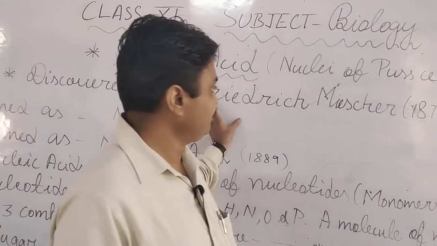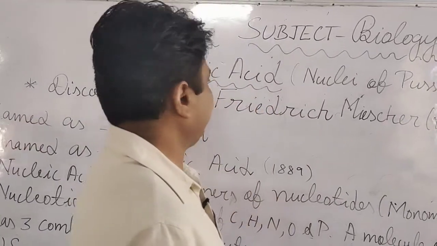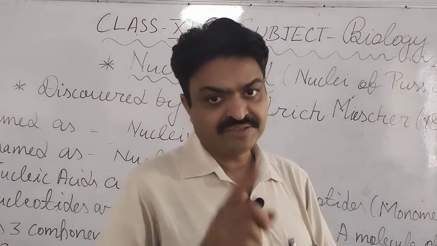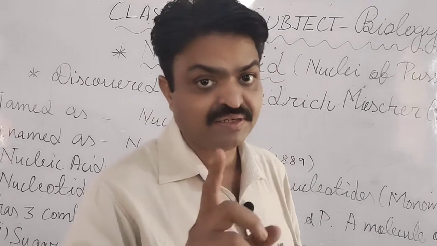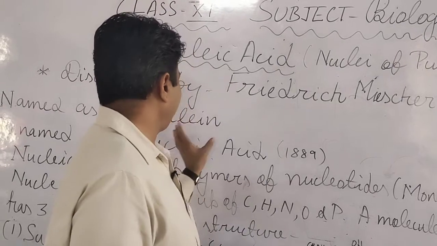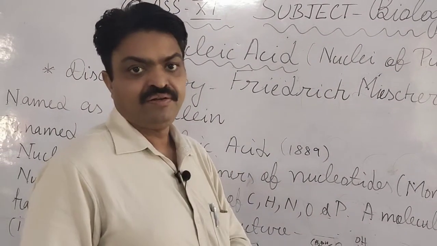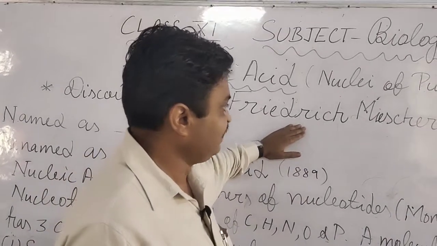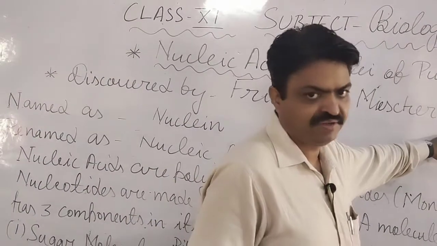Friedrich Miescher found the nucleic acid in the nuclei of pus cells. Means in the pus cell he discovered the nucleic acid and he gave it the name nuclein. The name nuclein was given to it by Friedrich Miescher in 1871.